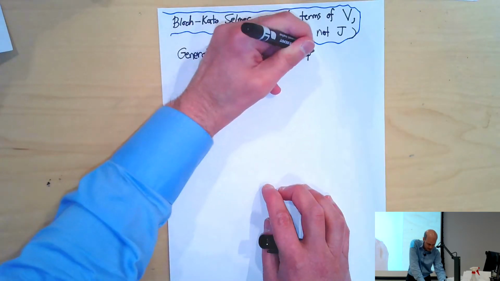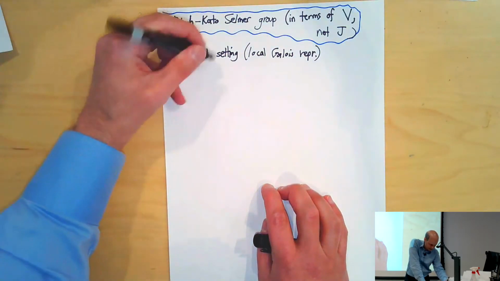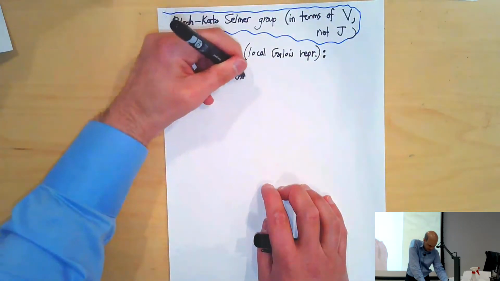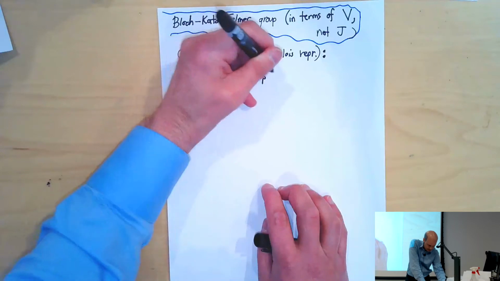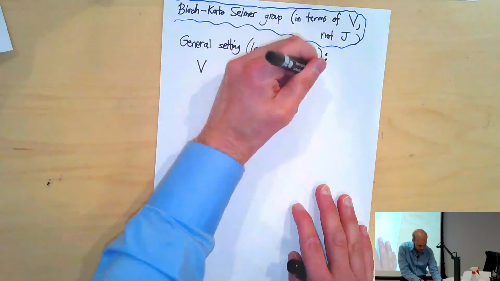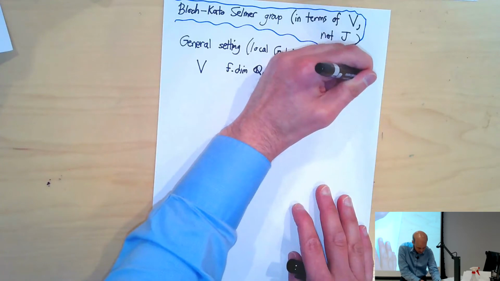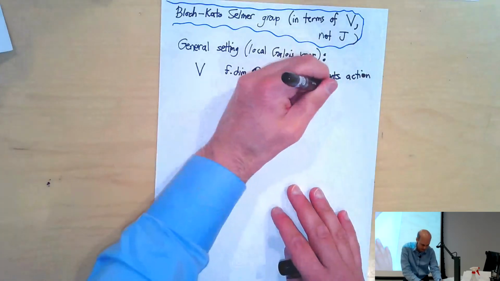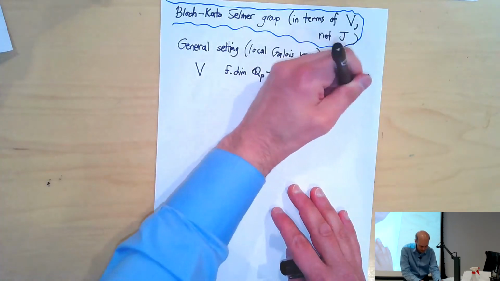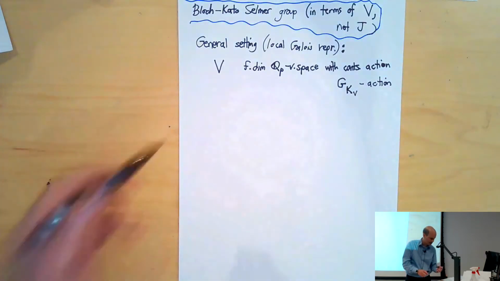I start with my V, a finite dimensional Q_p vector space, but it's a representation, so it also has a continuous action of a local Galois group, the absolute Galois group of one of these local fields, like K_v. That's the Galois group of K_v-bar over K_v.